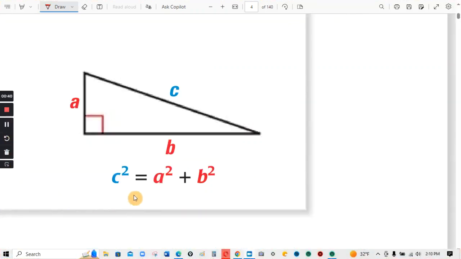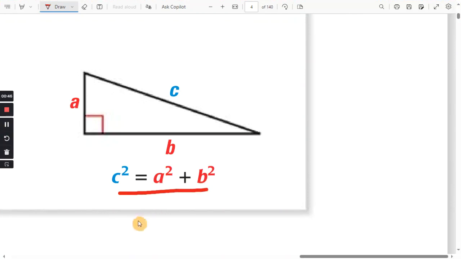So if you recall the Pythagorean theorem, a squared plus b squared equals c squared. And a and b are the legs. It doesn't matter which is which, but if you go across from the right angle, that's your hypotenuse, and the side length c, that is always going to be your hypotenuse.